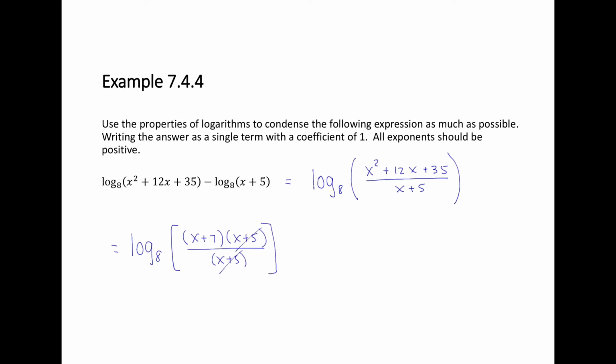And now the x plus 5's cancel, which leaves us log base 8 of x plus 7. Our final answer. These are more the type of problems that we're going to be working with throughout the remainder of this chapter.